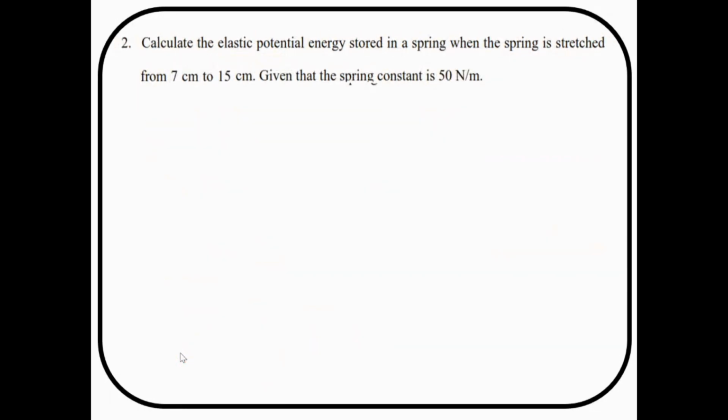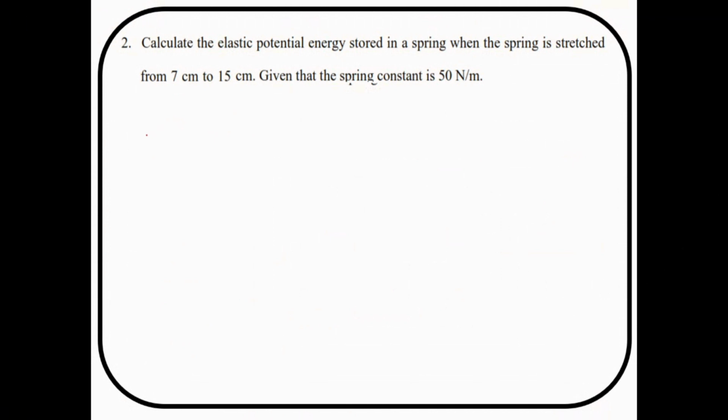Second question. Calculate the elastic potential energy stored in the spring when the spring is stretched from 7 centimeter to 15 centimeter. So here the initial value of the extension as well as the final value of the extension is given. So by that we can easily find the value of x, right?